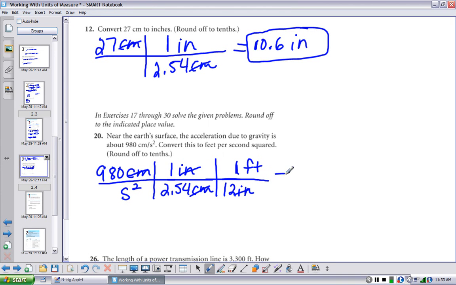So we cancel that out. So what we have is 980 divided by the product of 2.54 and 12. And if you do that on a calculator and round to the nearest tenth, you get 32.2 feet per second squared. Okay, feet per second squared.